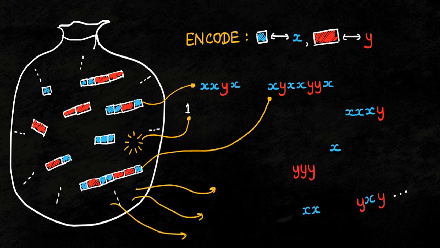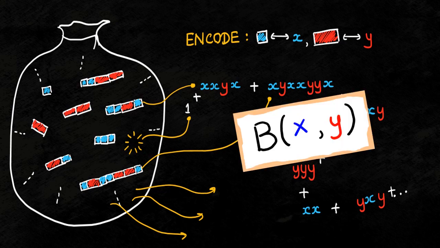Okay, here is the weird part. We'll think of these symbols as if they're multiplied with each other, and then add up all the resulting products in our bag. So, our bag now looks like an algebraic expression of x's and y's, which we'll denote by b of xy.